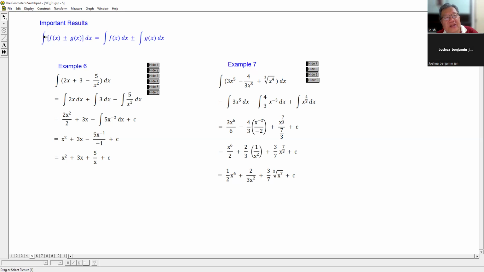It means that you can put the integration sign on each and integrate individually, term by term.